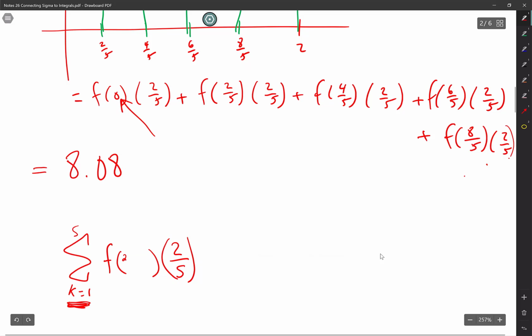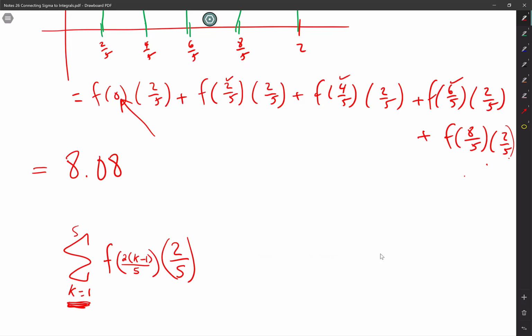I still write a 2 because all these are still by a factor of 2. Look, 2, 4, 6. So 2, and on the inside I write k minus 1, and on the bottom put a 5. So 1 minus 1 is 0. 0 times 2 is 0, and that will give us that f of 0. Do you guys see what's going on?